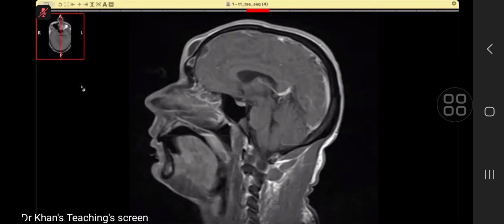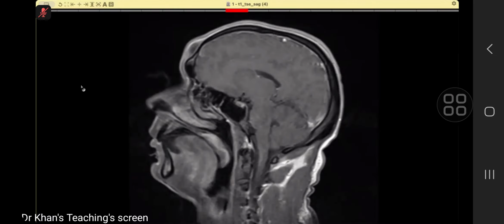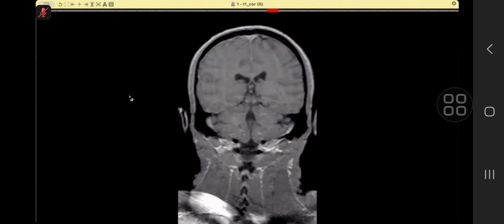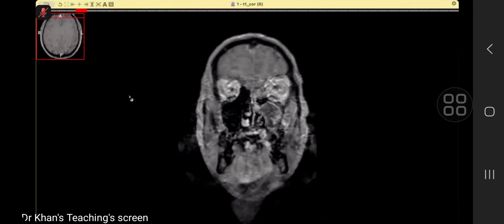So yes, I think this is an abscess anterior to the frontal bone, due to sinusitis of the frontal sinus, with meningeal enhancement and also involvement of the anterior frontal parenchyma.